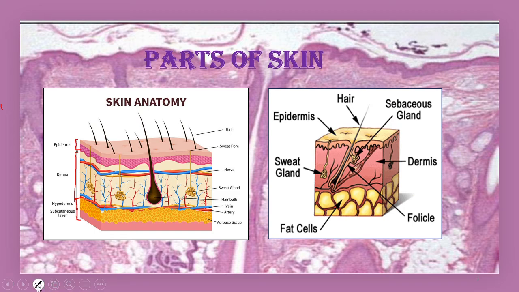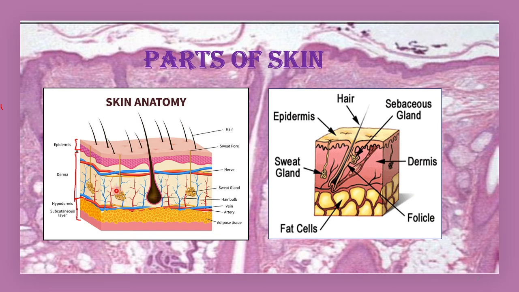Now in the middle one you can see the intermediate layer. This layer is called the dermis layer, and this layer makes sweat and oil. You can see in this middle layer the hair structure, the hair bulb.